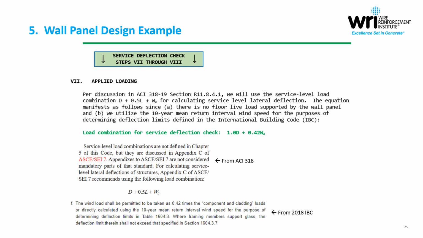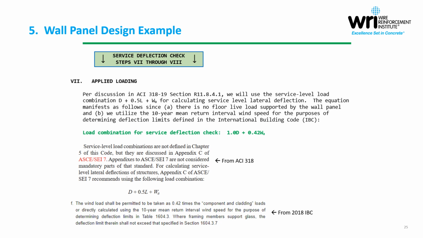Now we move into service deflection check. We'll handle this in steps 7 and 8. We define service level wind using the 0.42 multiplier taken from IBC. There's commentary both in ACI 318 and ASCE 7 that point us in that direction.